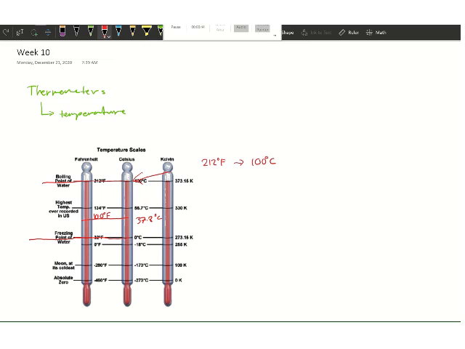Because of how this value increases, we could consider that the expansion is still linear for these two temperature measures. You should know that this mercury thermometer has its limits.